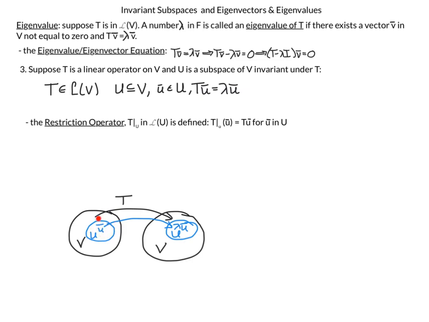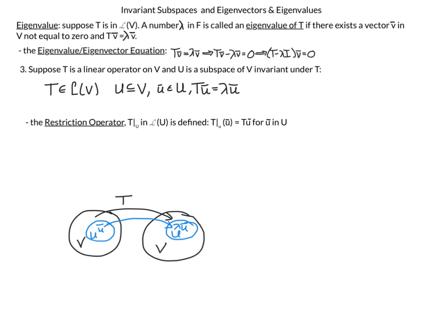Since we have this eigenvector-eigenvalue relationship, when we map a vector u in U by T, we're going to get lambda u. Since U is a subspace, lambda u is still in U because subspaces are closed under scalar multiplication.